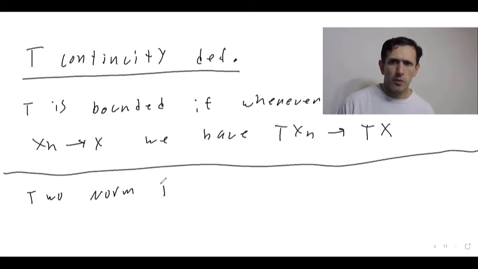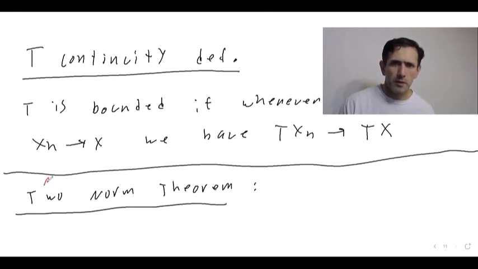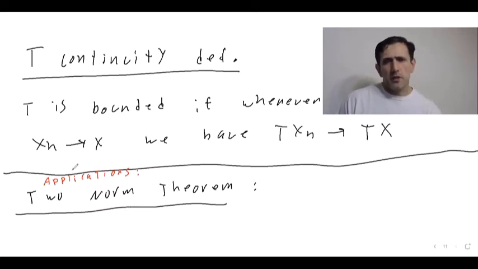So this is the two-norm theorem in the book. And as I mentioned, there will be two more applications in the homework to the Bergman space: one on proving a composition operator is bounded on the Bergman space, and proving the backwards shift is bounded on the Bergman space.